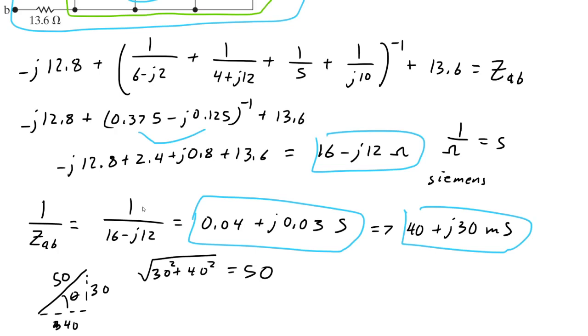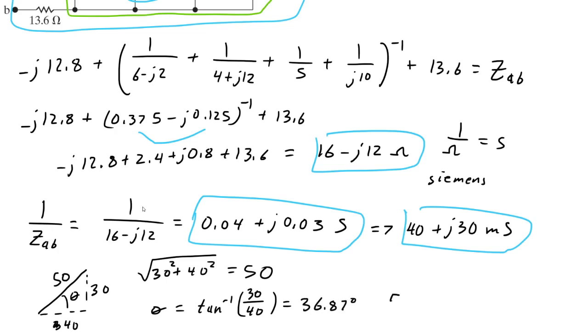There's that. And then the phase angle. It's not really a phase angle. I mean, it is, but I don't want to say that. It's going to be the tangent inverse of 30 over 40, which is 36.87 degrees.